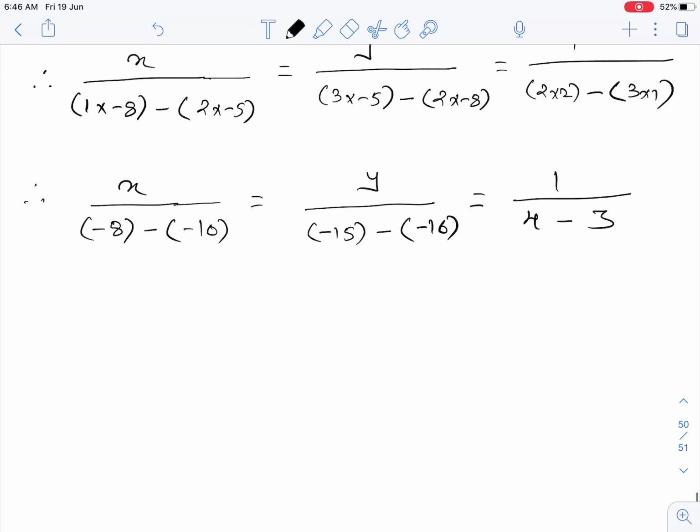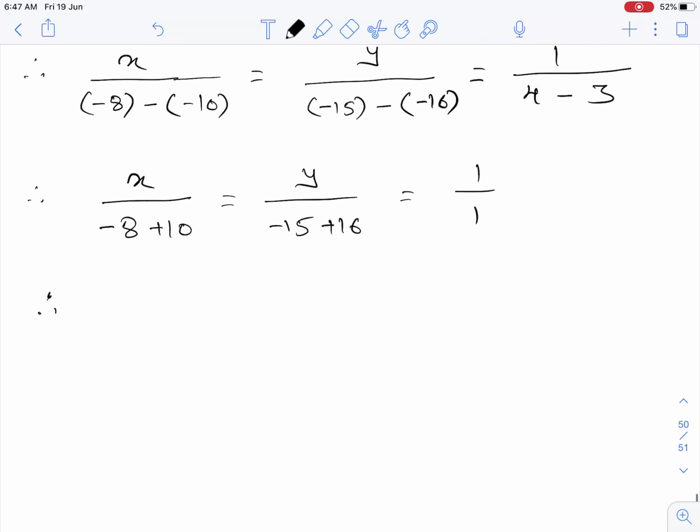So in next step you will get, therefore x upon, now this minus 8 as it is, now this minus minus will become plus, so it will become plus 10, equals to y upon, similarly this minus 15 as it is, and this minus minus will become plus 16, equals to 1 upon, now this 4 minus 3 will become 1.